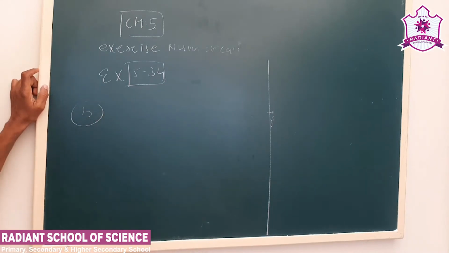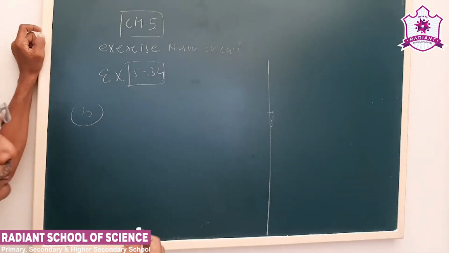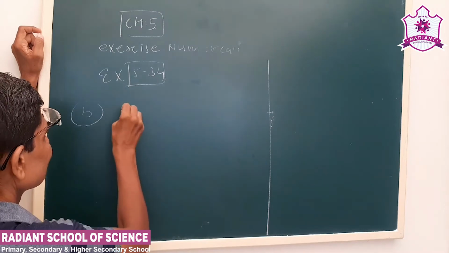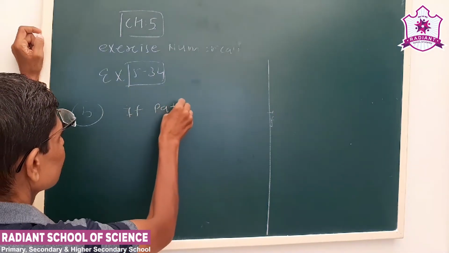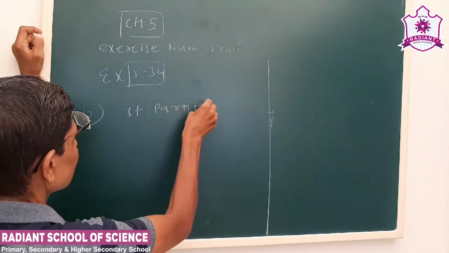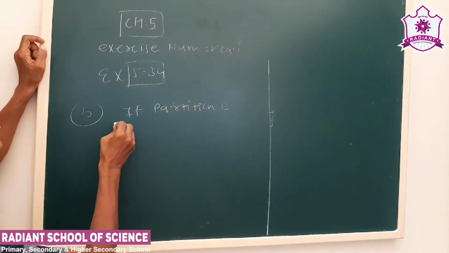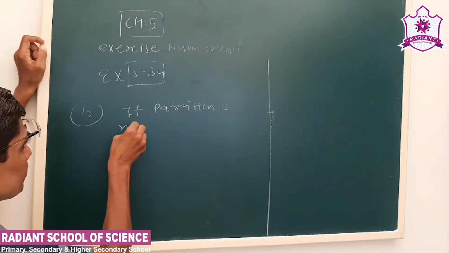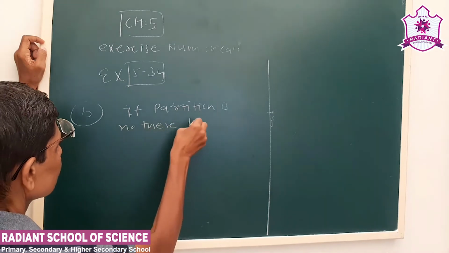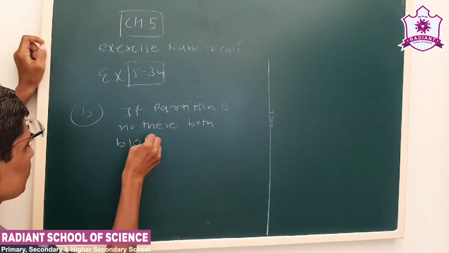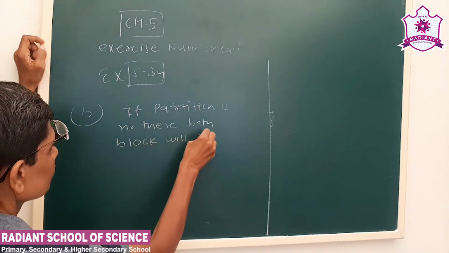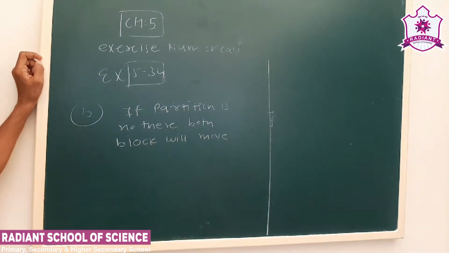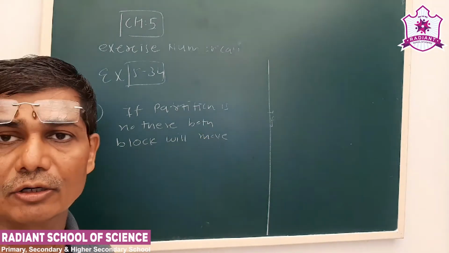If the partition is not there, both blocks will move, so we have to consider the reaction between the two blocks also.